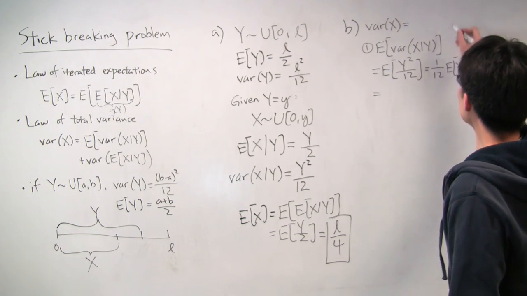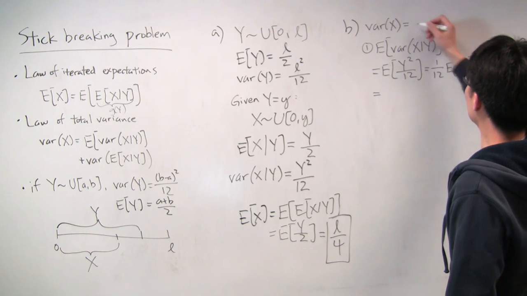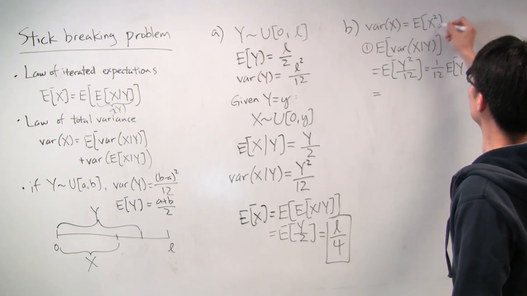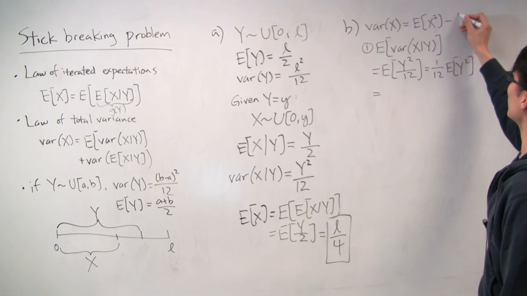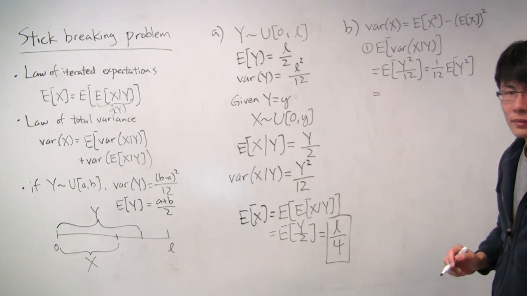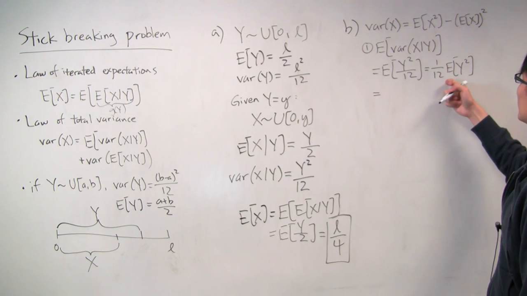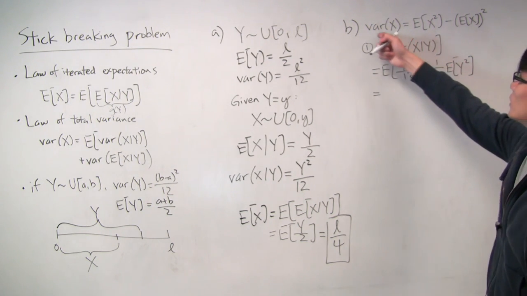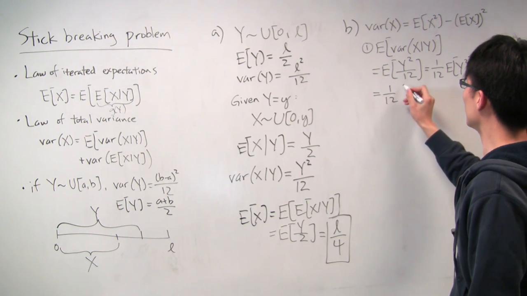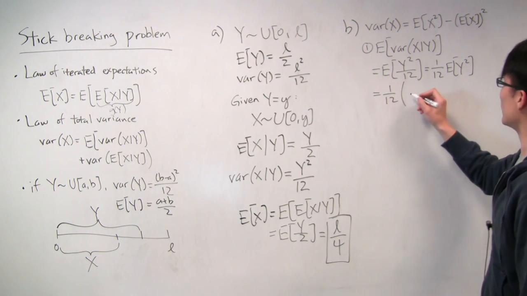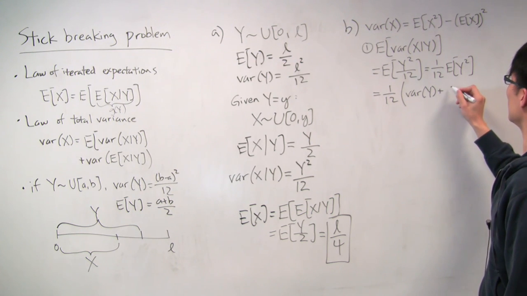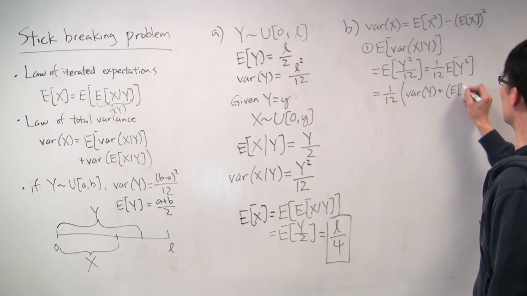So recall that the variance of any random variable is just the expectation of the square minus the square of the expectation. Right. So if we want to calculate the expectation of the square, we can just take the variance and add the square of the expectation. So this we can get pretty easily. It's just the variance of y plus the square of the expectation of y.